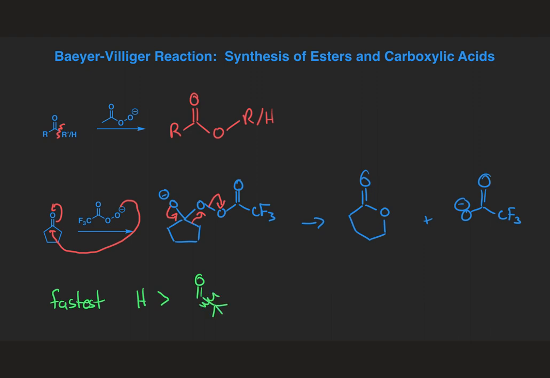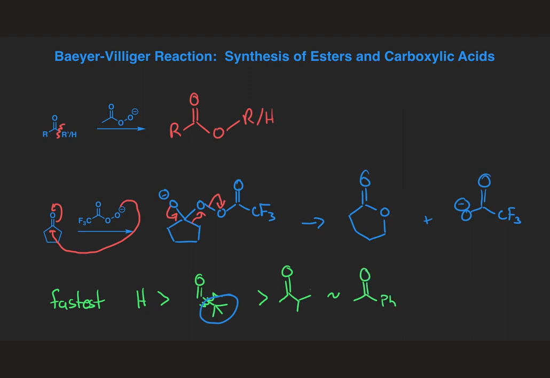where this group on the other side of that squiggle is migrating to form a carbon-oxygen bond. Next fastest is going to be a secondary group, which is about the same as a phenyl group.